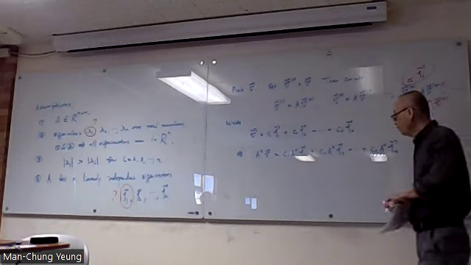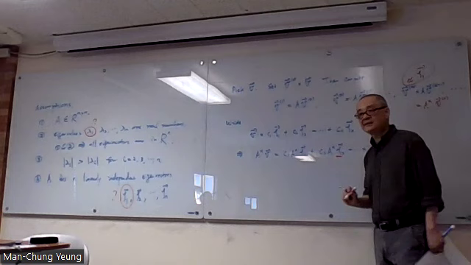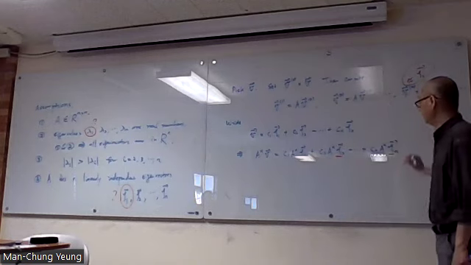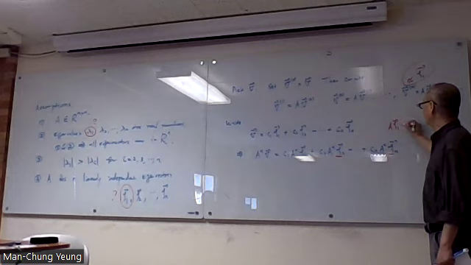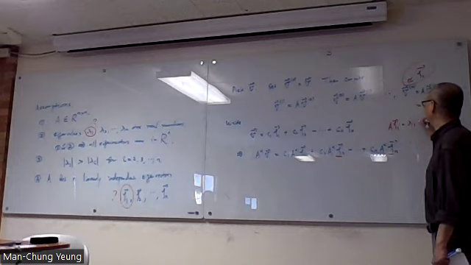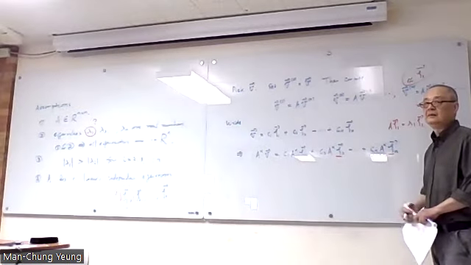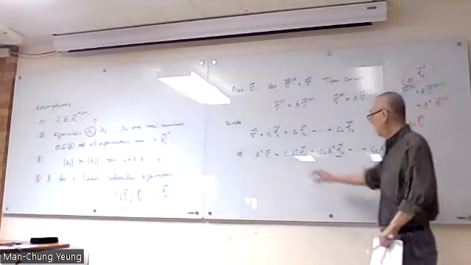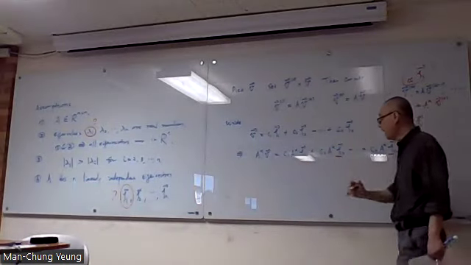By assumption, these vectors are eigenvectors. That means A times psi 1 is lambda 1 psi 1. Apply A to the equation k times.